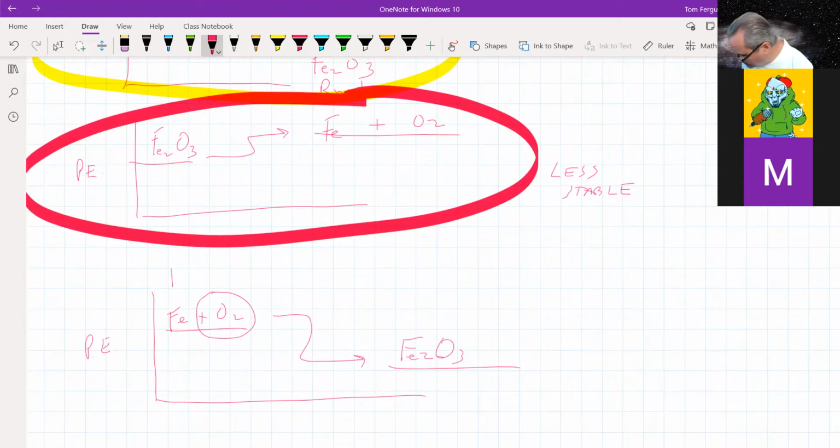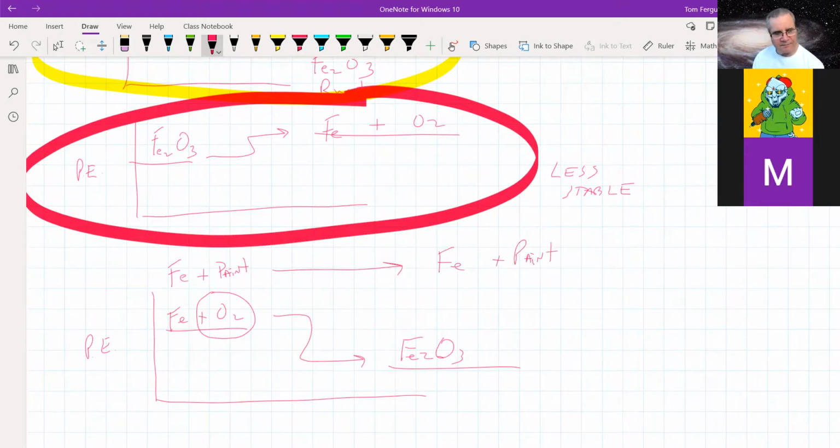We can put some kind of a protective barrier around the iron, and then nothing happens to it because the oxygen can't get to the iron. That 50-year-old truck sitting out in the field, what happens is the paint has chips in it, the paint's eroded away, it exposes the iron to the oxygen, hence the rust forms.